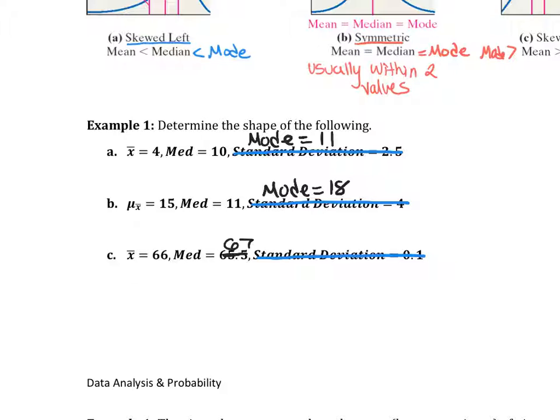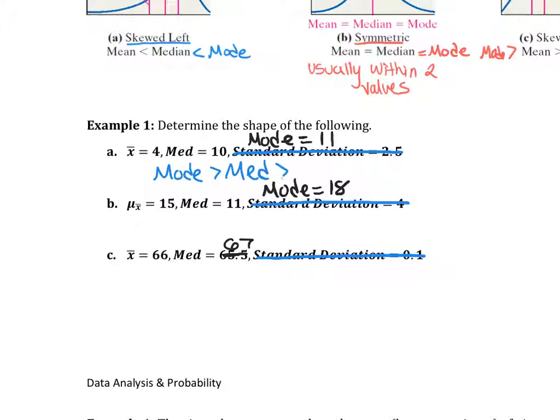Okay, so again, A and B are situations where you would have the mode to look at. It's not always going to happen. So letter C gives you that situation where you don't have the mode to look at. So if we were just given this information and we wanted to determine the shape, so here our mode is the largest. So our mode is greater than or is close to the median.